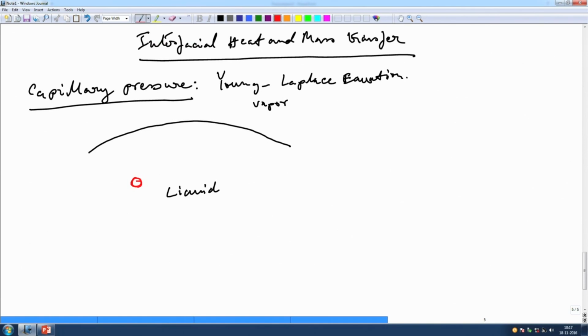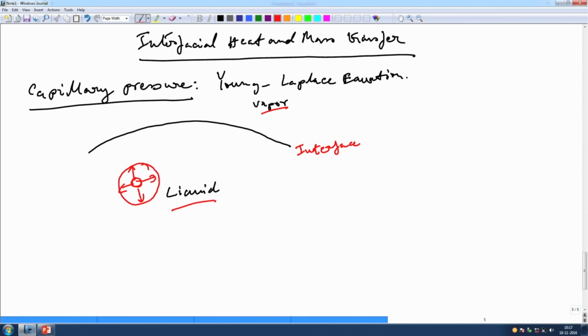The interface separates the two, this is liquid, this is vapor. Assume that there is a liquid molecule sitting inside the liquid pool, far inside. If you look at the intermolecular forces acting on it, they are very isotropic in nature.